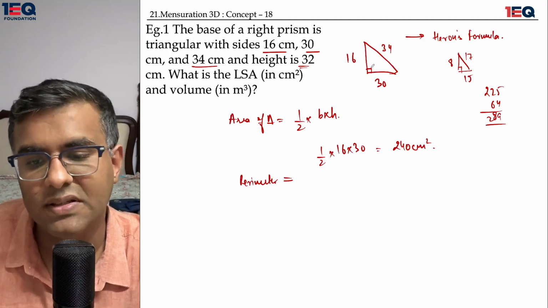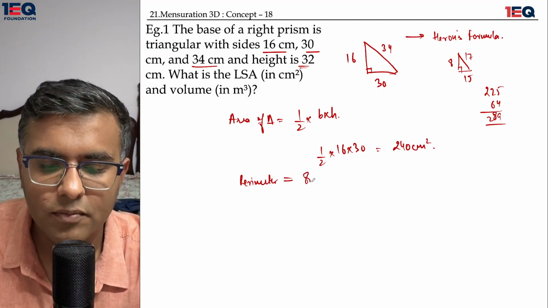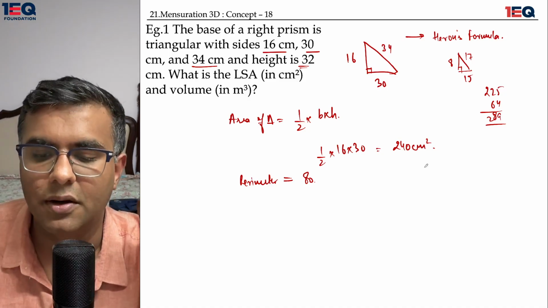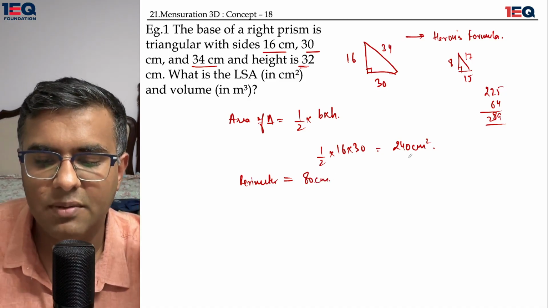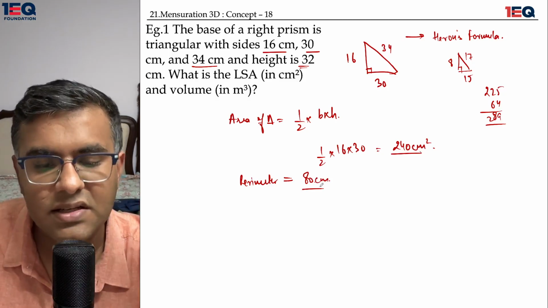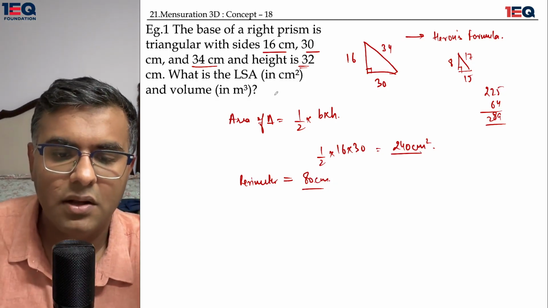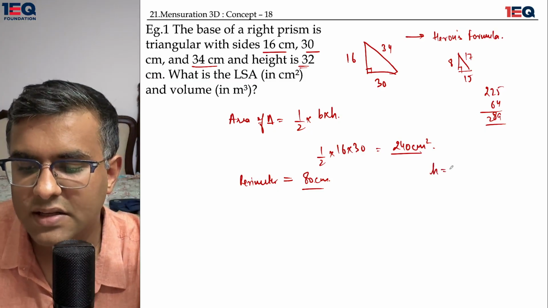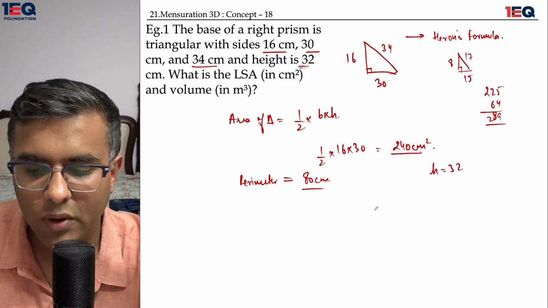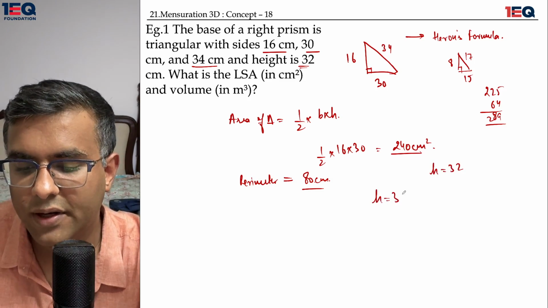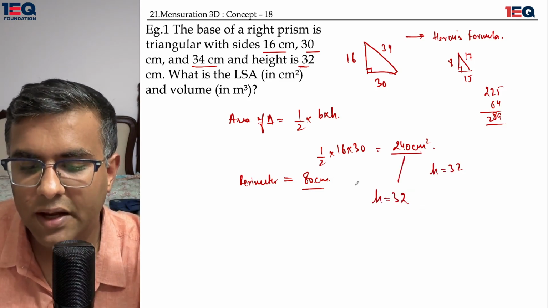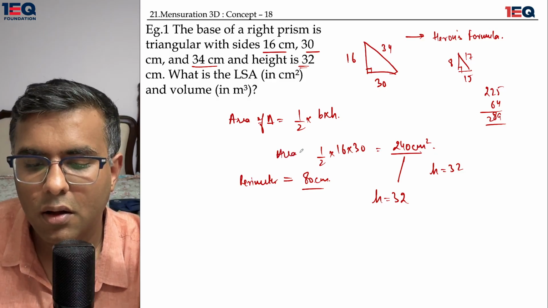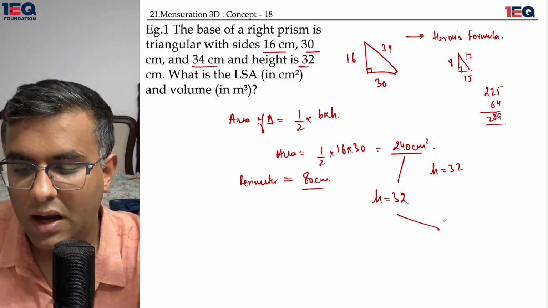When I add up all the sides, I get 80. So 80 centimeter is my perimeter. Now I just need the height, which is equal to 32. Let me write the height equal to 32 over here. When I multiply the area with height, I achieve the volume.